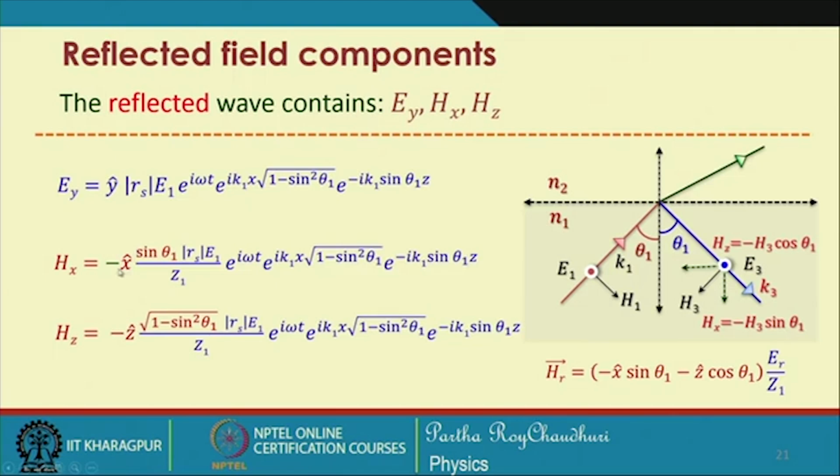That is why both Hx and Hz are negative, and they appear with the phase factor of the electric field multiplied by the reflection amplitude coefficient in terms of the incident electric field amplitude. So, these are the complete expressions for Ey, Hx and Hz, which constitute this S polarized wave, or the TE polarization wave, at the interface.